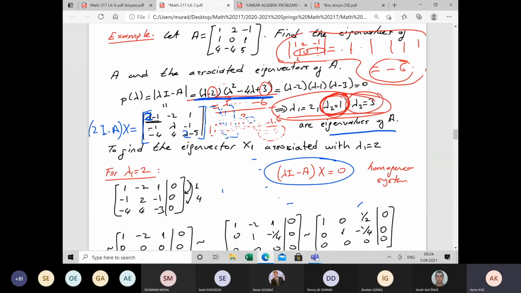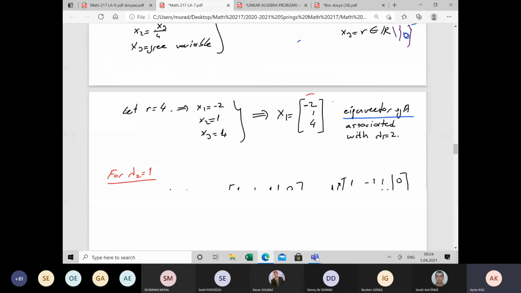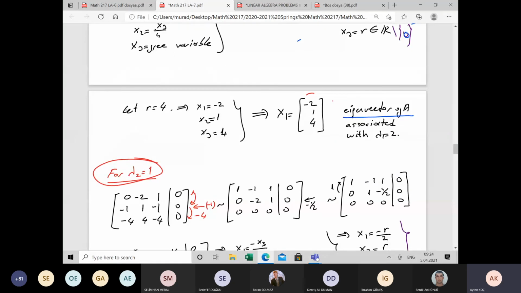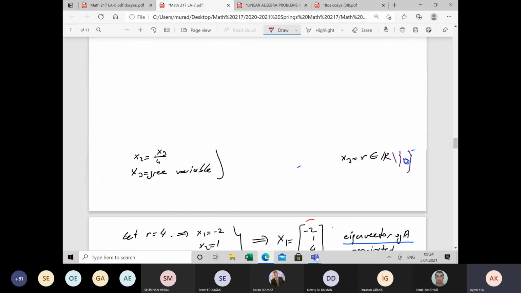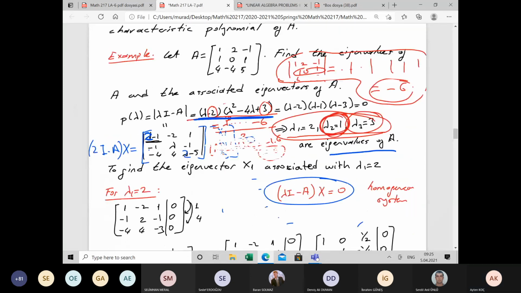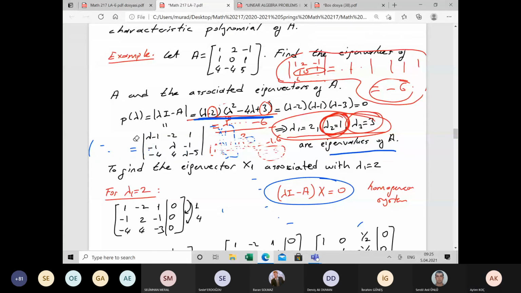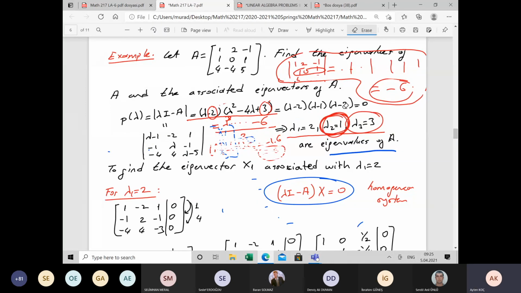This one, lambda is 1. And substitute lambda is 1 here.